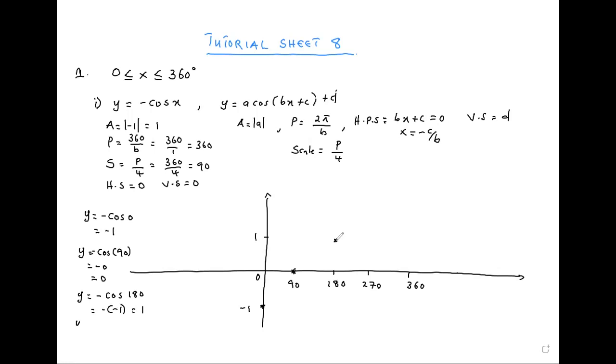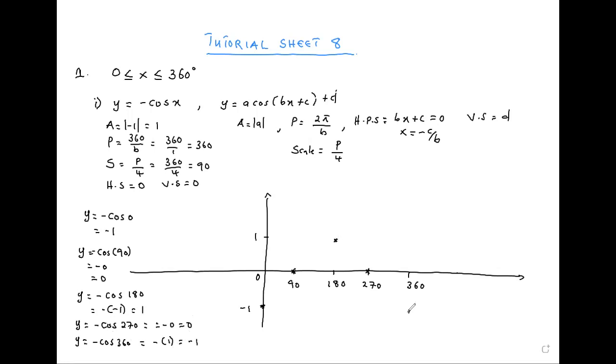And then go to 270, negative cos 270. Now cos 270 is 0, so we get negative 0, which is 0. And then we do y is equal to negative cos 360. Cos 360 is positive 1, so together we get negative 1.